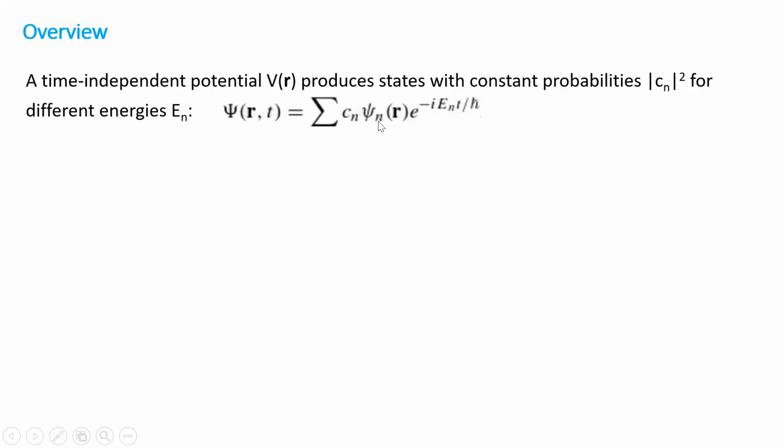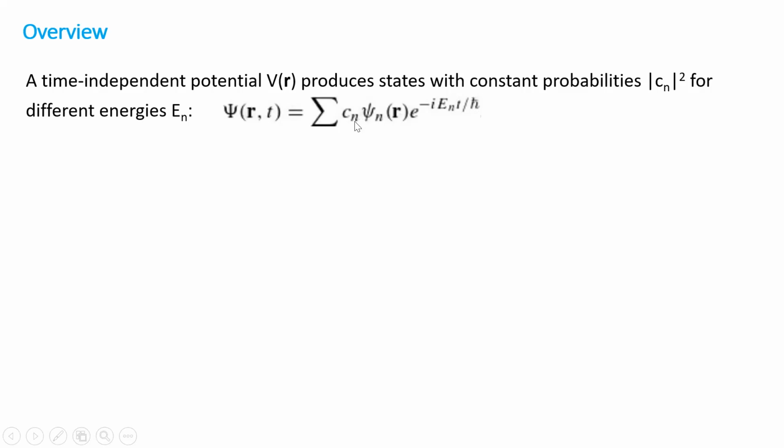So even though this is a combination of different states, the probabilities Cn squared remain constant in time. So there's no chance for one state to become more likely or less likely. They all just oscillate in time according to their own time dependence.